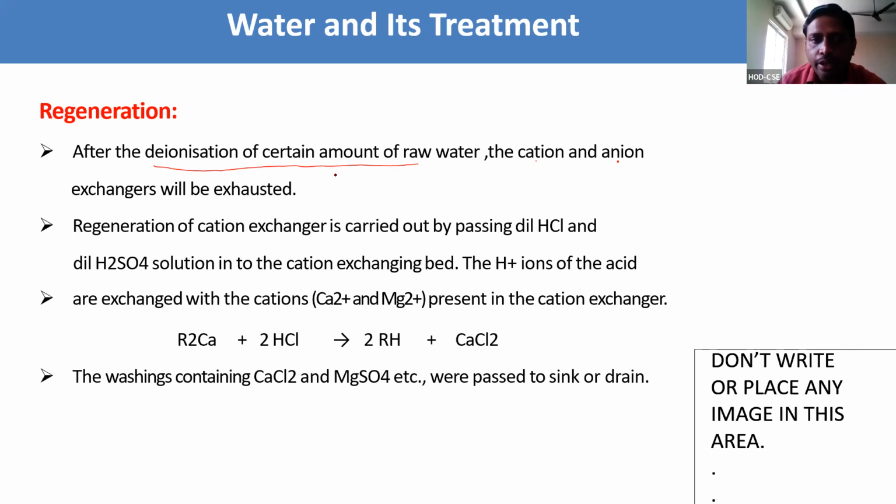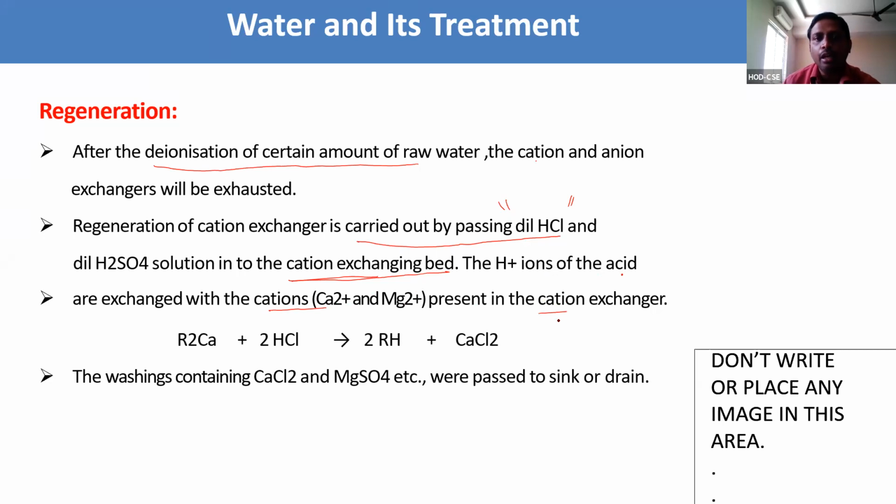Regeneration of the cation exchanger is carried out by passing dilute HCl and dilute H2SO4 solution into the cation exchange bed. Here, H plus ions of the acid are exchanged with cations like Ca2+ and Mg2+ present in the cation exchanger.